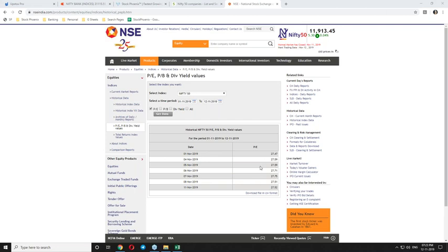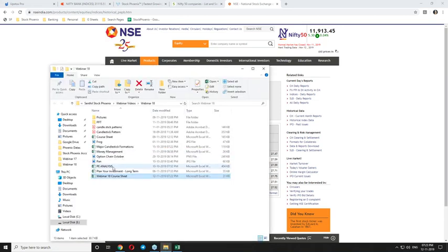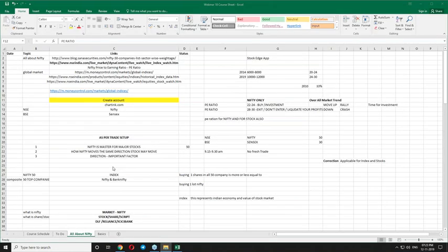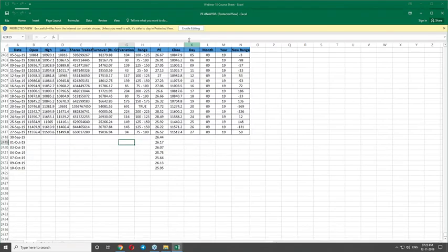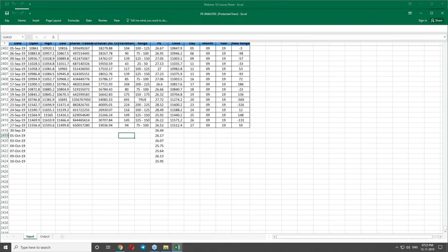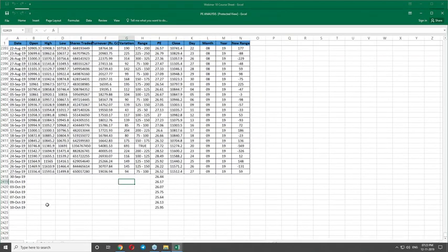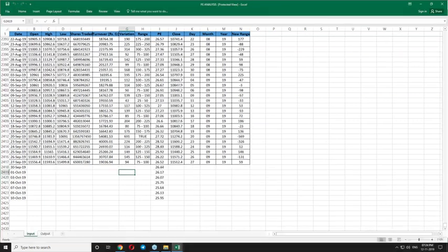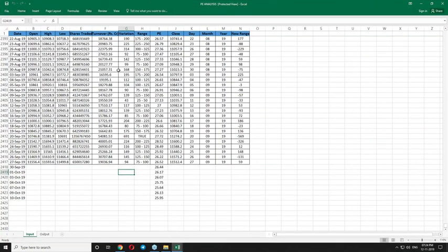So what is the use of this, or how to evaluate? Let's see the PE analysis. It's a separate sheet. This sheet also I'll update you at the end of the session. I'll give a description of this sheet. This is the data sheet of Nifty.